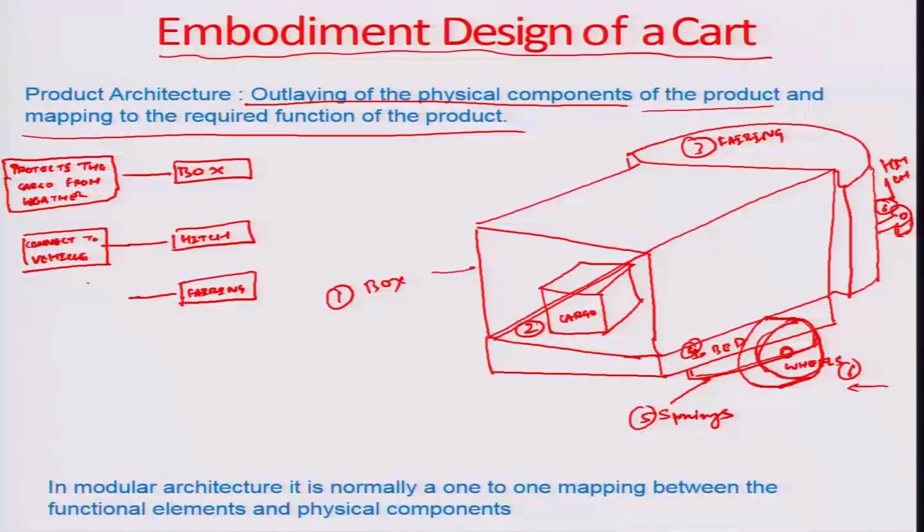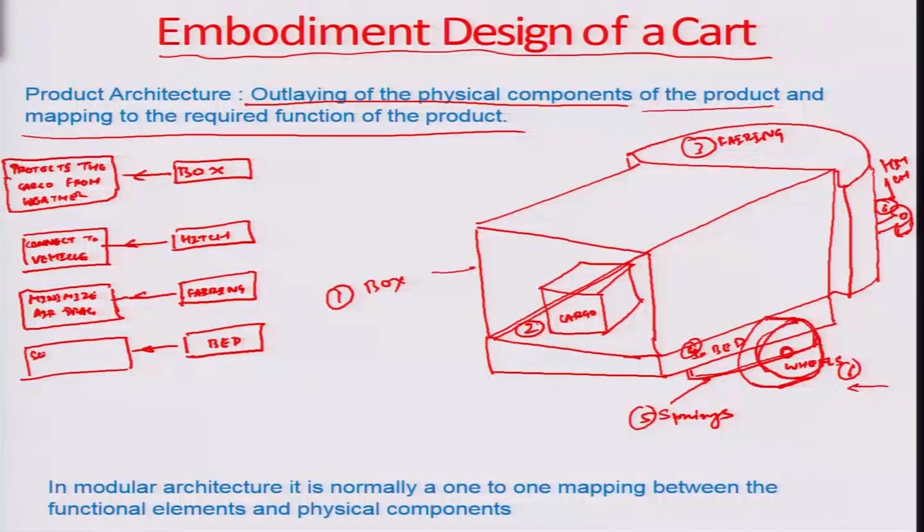So, if I write the functionality of the fairing, this will amount to minimizing air drag. And then of course, there is a bed which is used to support the luggage or carry the luggage. So, we say that it supports the cargo load.